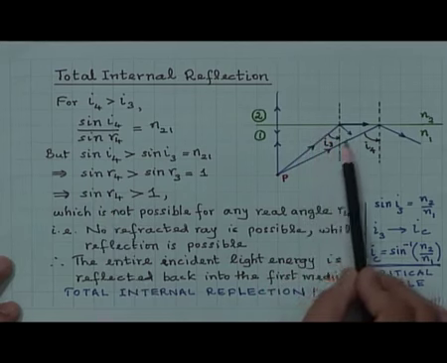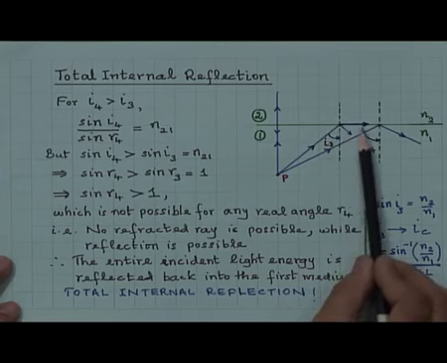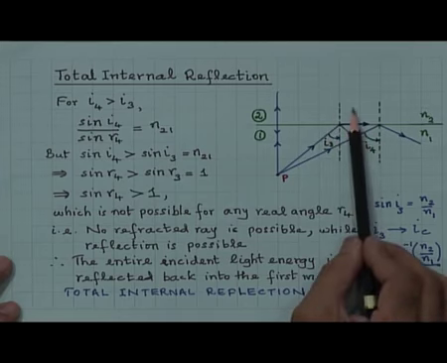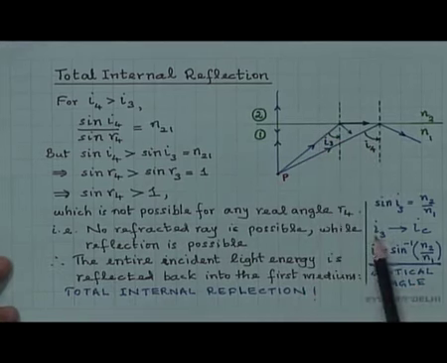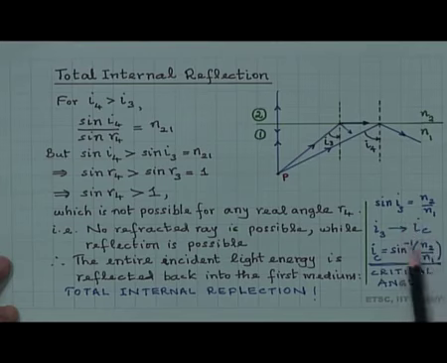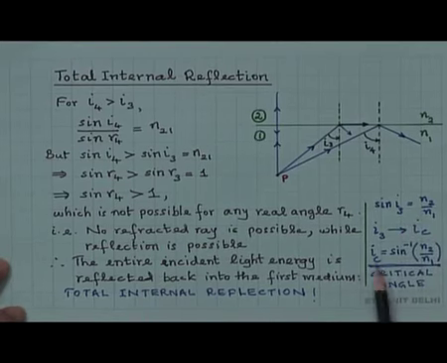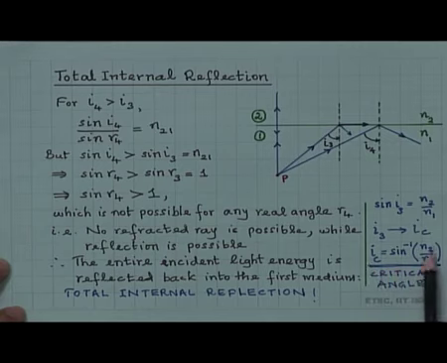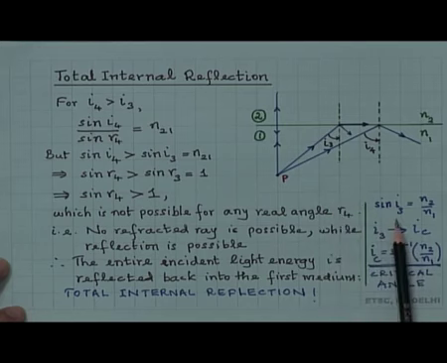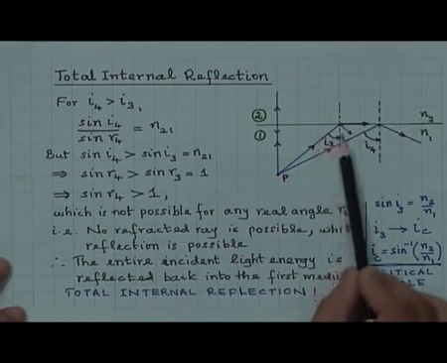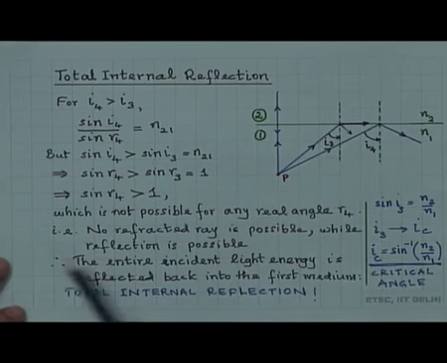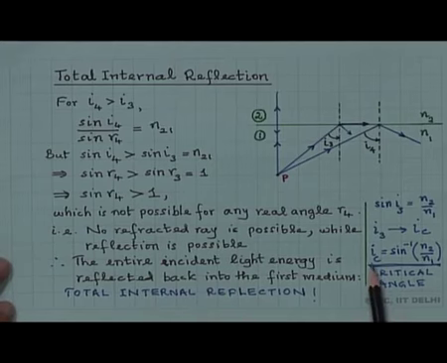Therefore, I3 is a critical angle, a threshold angle below which refraction is possible, above which refraction is not possible, and that is why this angle is denoted by IC, called the critical angle. IC is nothing but I3 in this case. So, IC is equal to sin inverse of N2 by N1.